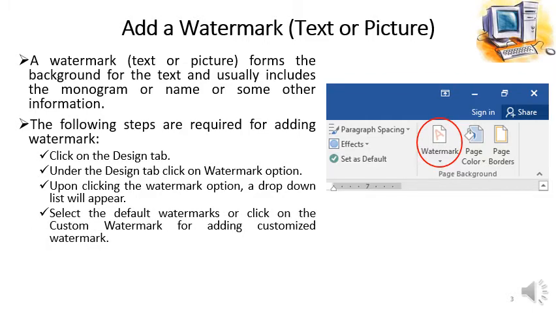Select the default watermarks or click on the custom watermark for adding customized watermark. User can add text as well as picture as a watermark. That we will see in the video, how we can add text as well as a picture as a watermark inside a Word document.